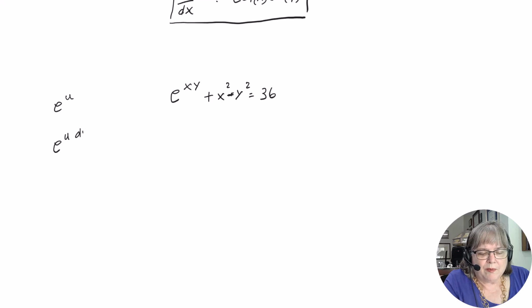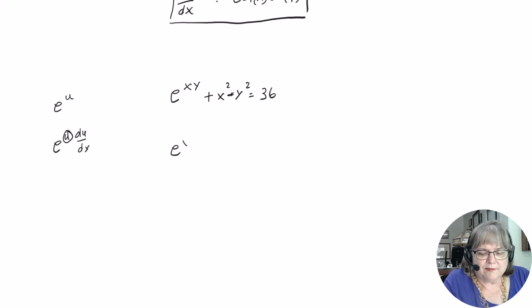And then you loop back in and take the derivative of whatever's going on up here in the u, in the power. So u in this case is xy. It's x times y, which is a product.